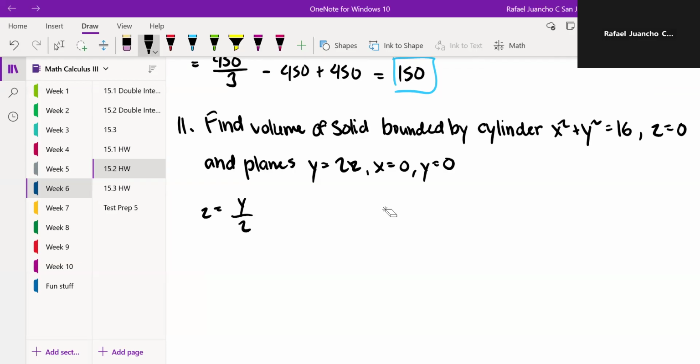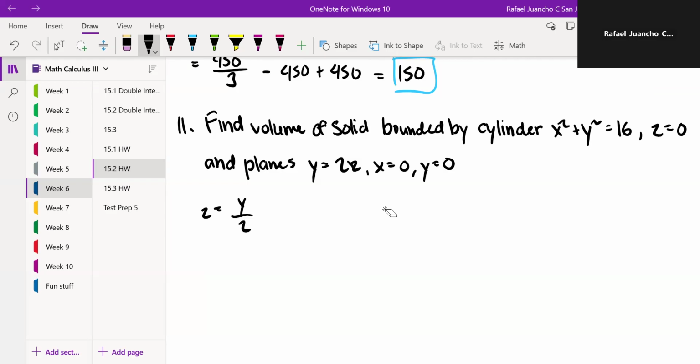So that's y half. And so from here, I can immediately say, oh, okay, maybe we can integrate by y first or something. But no, the thing is you have to integrate by x first.